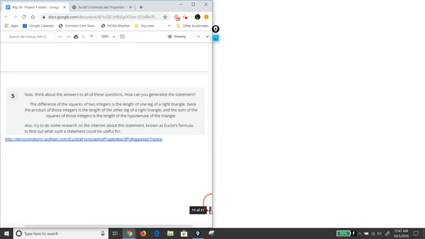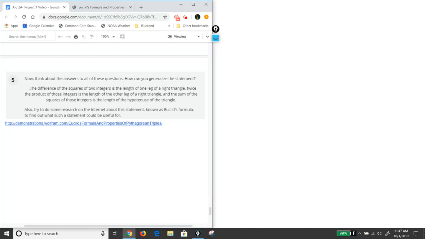Now, question 5 is asking you to think a little bit further about this relationship that we've talked about throughout this entire part of the project. So can you generalize that statement? So can you give me a little bit more information about that statement? And it's asking you to maybe conduct a little bit of research on the internet for that formula, which is known to be Euclid's formula. So I want to encourage you to maybe go and check out this demonstration from Wolfram.